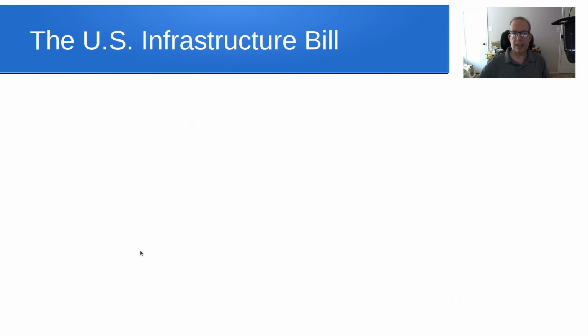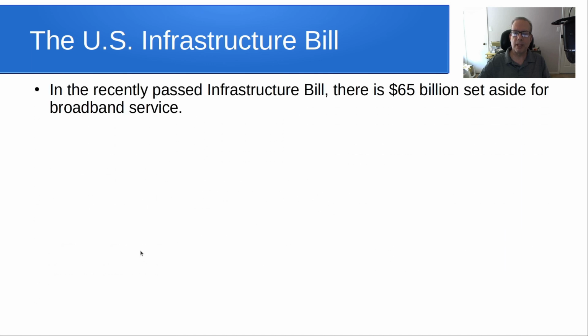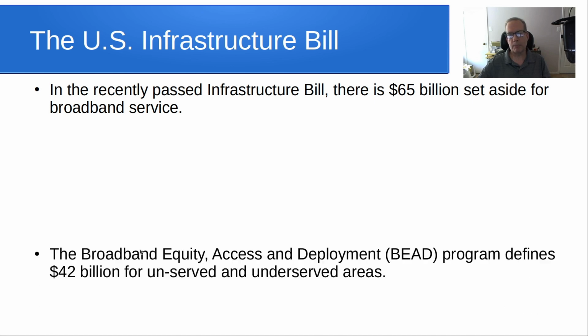So recently in the US, they passed the US Infrastructure Bill, and in this recently passed bill, they set aside $65 billion for broadband service improvements. It remains to be seen how much of this will actually make it into improvements for broadband, because as I understand it, like many other recently passed bills, a large amount of it ended up being redirected for the support of the Ukrainian people.